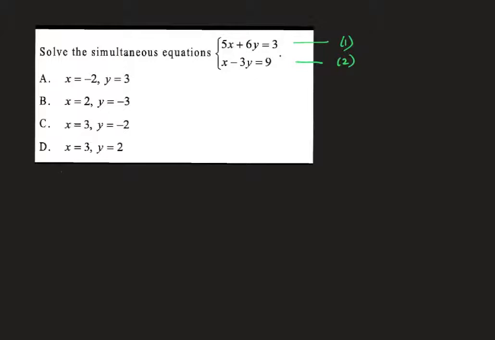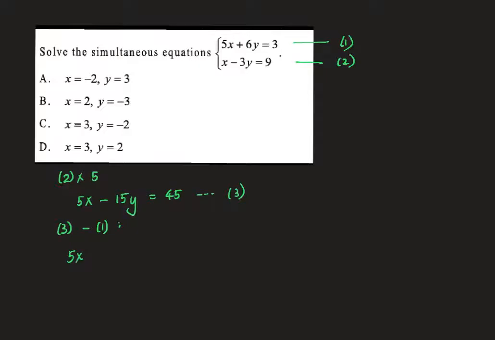Let me show it to you. If I multiply the second equation by 5, it will become, I call it equation 3, and now I can subtract equation 1 from 3 like this.